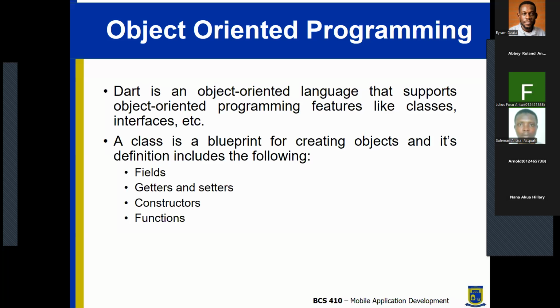In defining your class, you have the fields, the getters, the setters, the constructors, and then functions. The constructors, getters, and setters are special functions. The fields are the variables you declare, the attributes of your class.